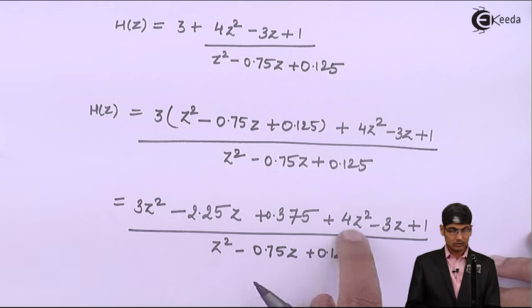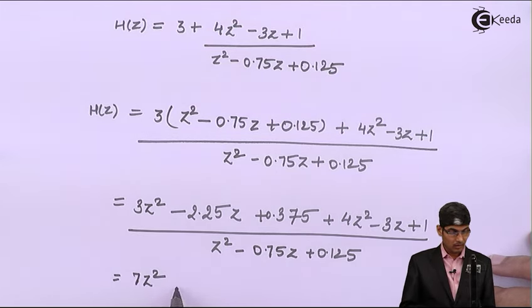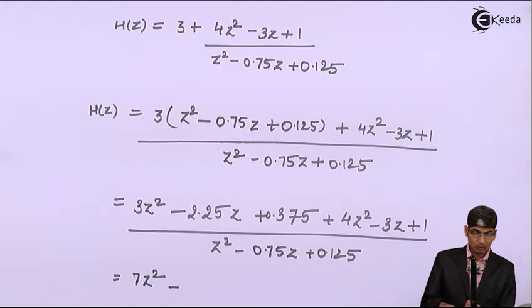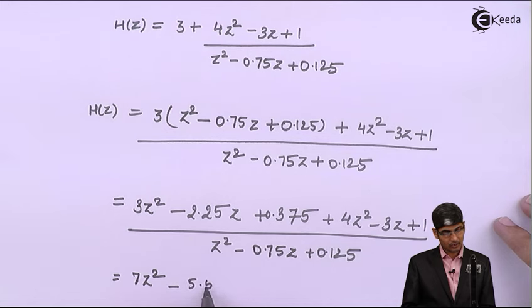Now we see the z square terms can be added together and give me 7z square, and minus 2.25z and minus 3z get added up together and give me minus 5.25z.